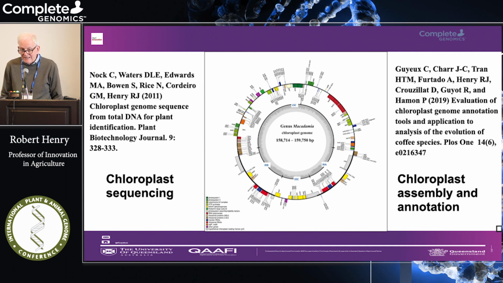Any plant DNA sample that you sequence will give you a chloroplast genome, and it will give you a perfect genome. If you go back into the past, people used to try and extract the chloroplast and sequence it and amplify it by PCR, and they had all sorts of problems because they amplified artifacts, they amplified copies of the chloroplast genome that are inserted in the nucleus.